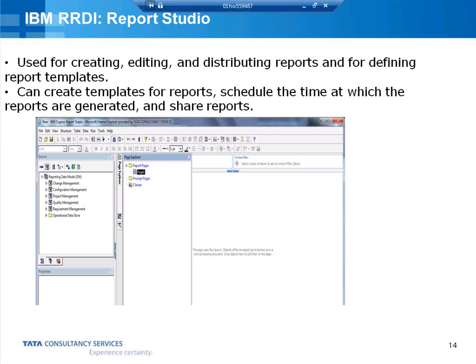An example for a prompt page: let's say in your JTS RTC you have hundreds of projects, but my project manager is interested in only one of them. He does not want to see the report at the RTC database level; he would want to see the report only at his project level.